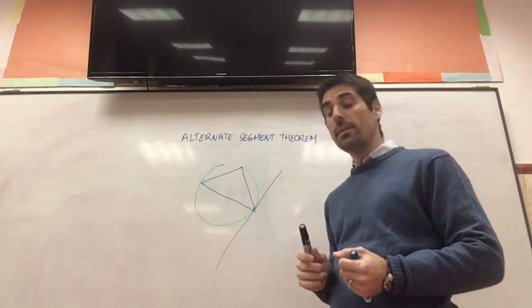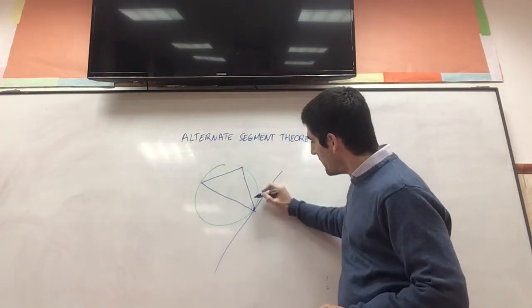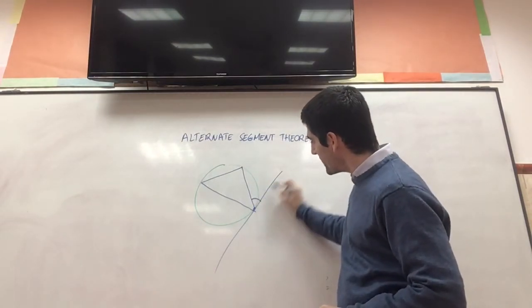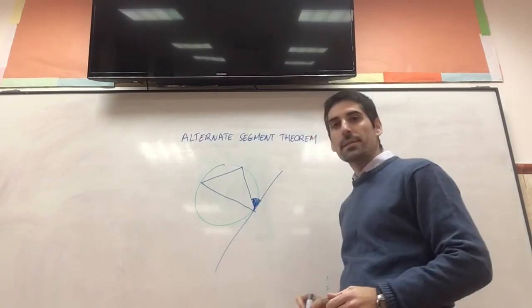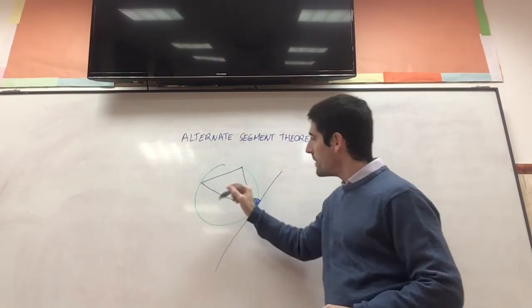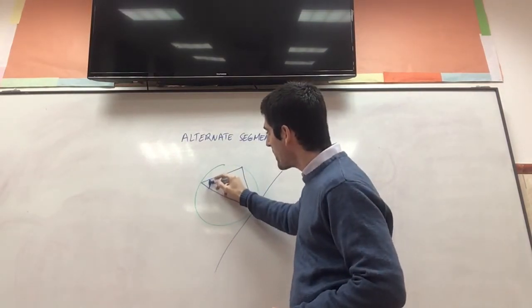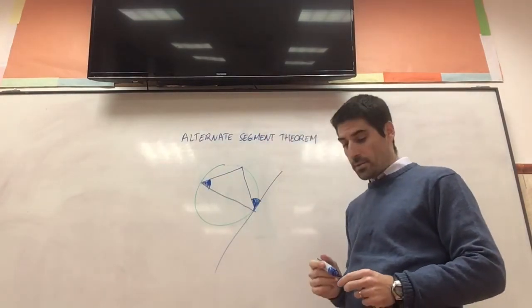Okay? But what the alternate segment theorem tells us is that this angle here between the tangent and the triangle is equal to this one over there. Those two angles are equal.